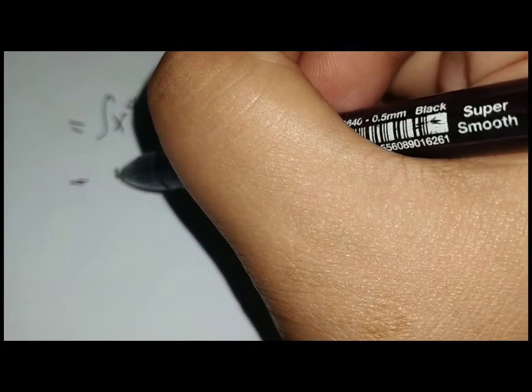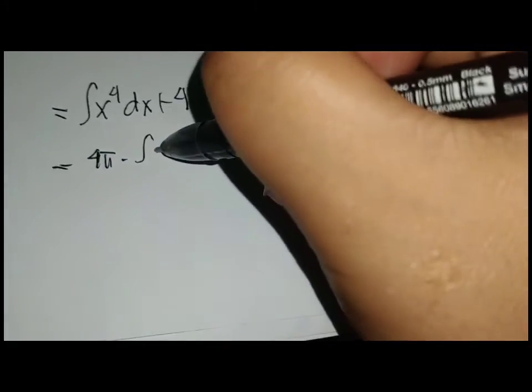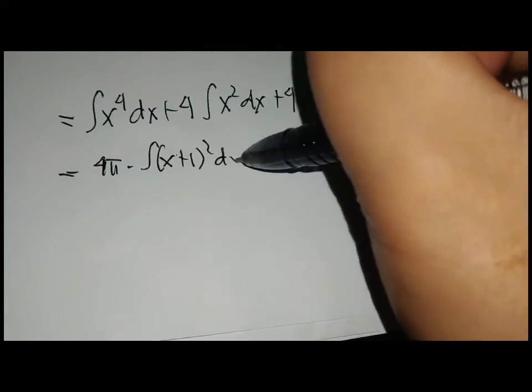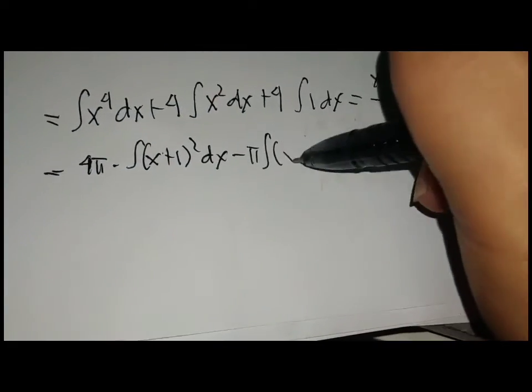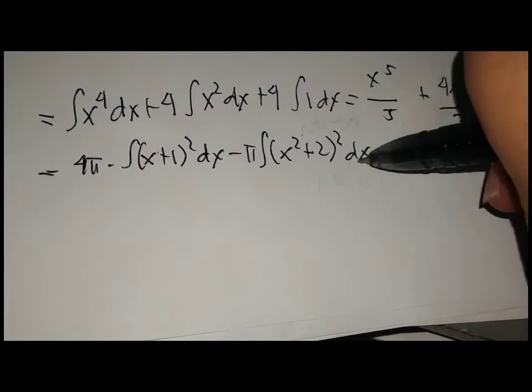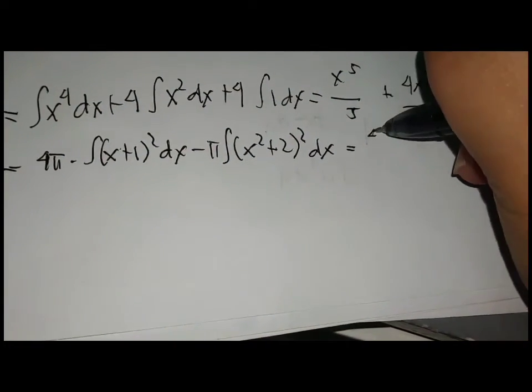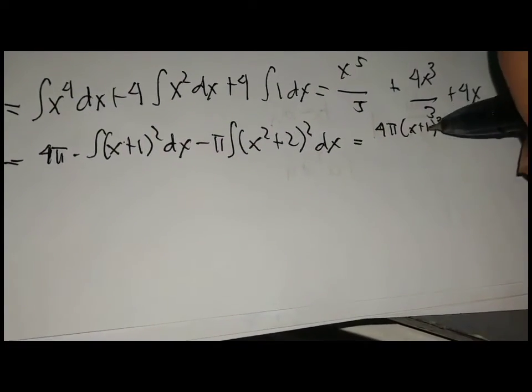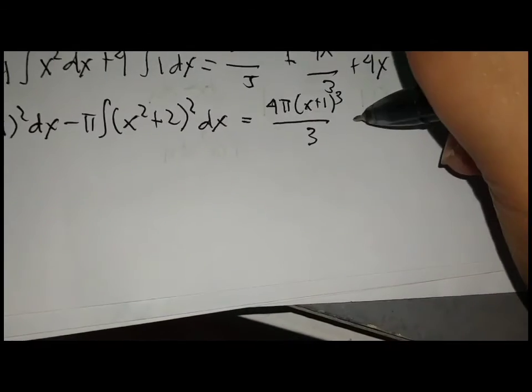Then plug in the other solved integrals. 4 pi multiplied to integral (x plus 1) squared dx minus pi integral (x squared plus 2) squared dx, which is equal to 4 pi (x plus 1) cubed over 3 minus pi x to the 5th over 5 minus 4 pi x cubed over 3 minus 4 pi x.